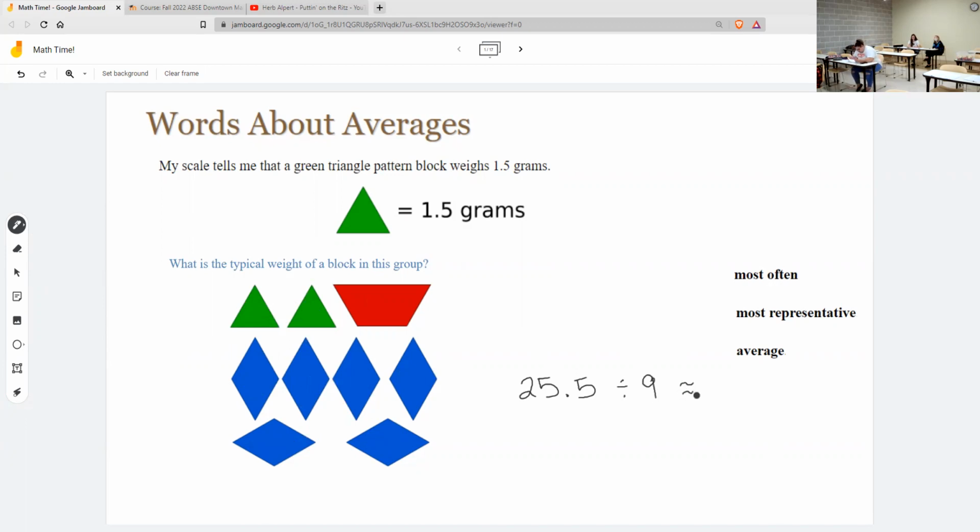I'm rounding, squiggly equals. 19 is too big. 2.8. So again, if you rounded it, you could say it's also about 3.